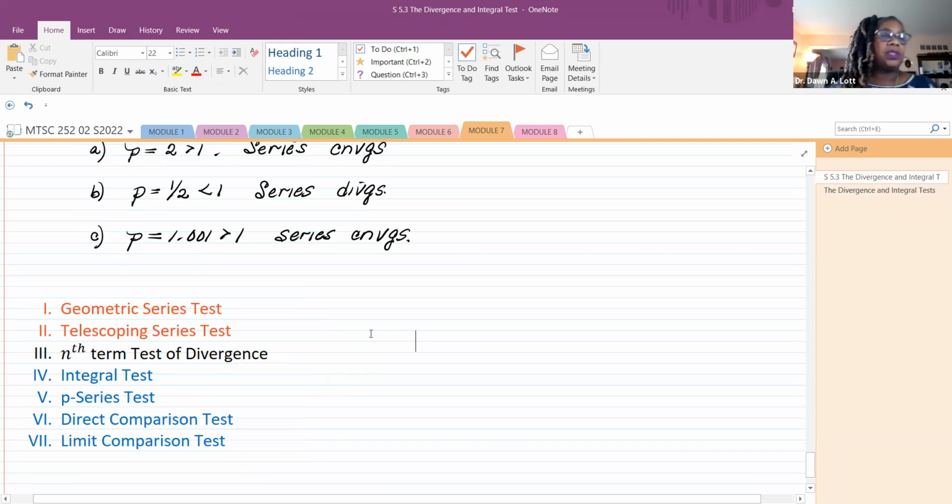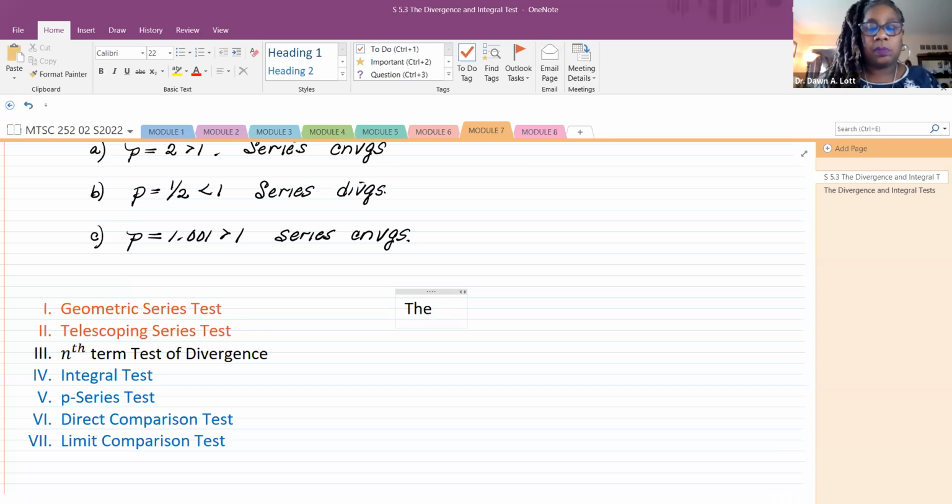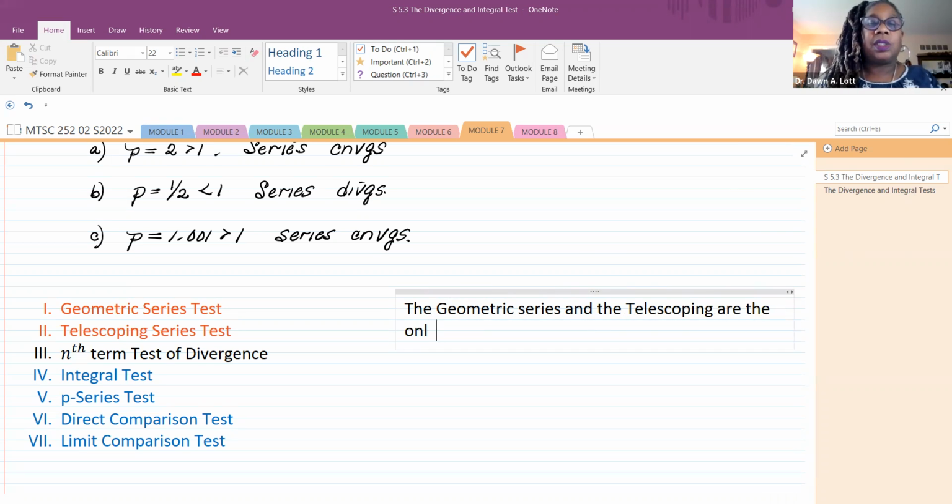Notice we did the geometric series test and the telescoping series test. They're in red. So the geometric series and the telescoping series are the only series for which we can calculate the sum.